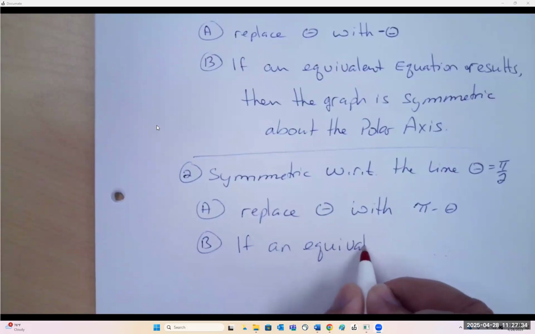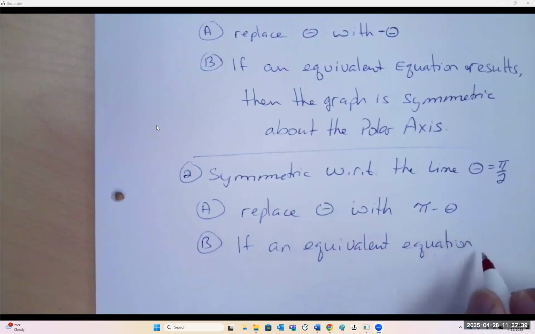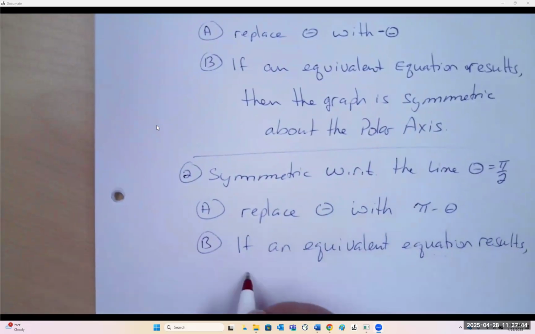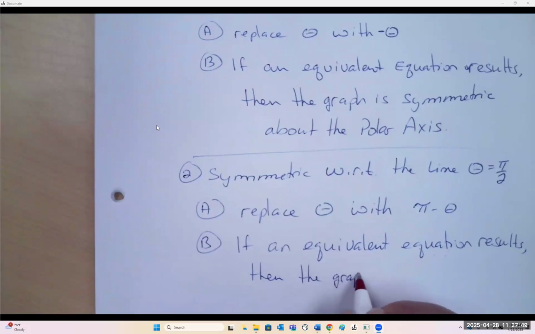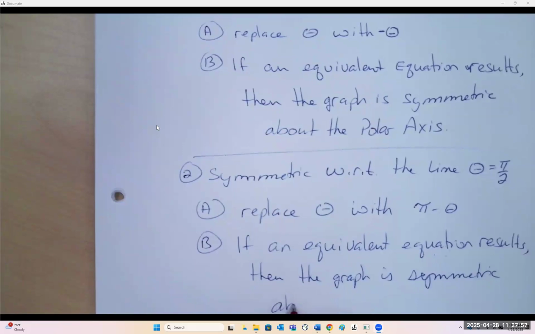If an equivalent equation results, then the graph is symmetric about the vertical line theta equals pi over 2.